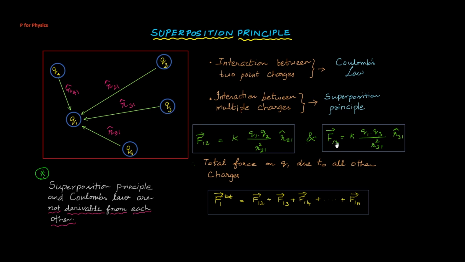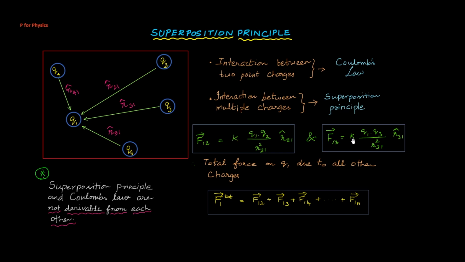For example, if I want to find the force exerted by the third charge onto the first charge, represented by F13 vector, it is easy now for me because I have to replace the necessary terms alone. So the vector form is going to remain the same because we have the Q1 charge in common in both cases. So here I have K into Q1 Q2 by R21 square.